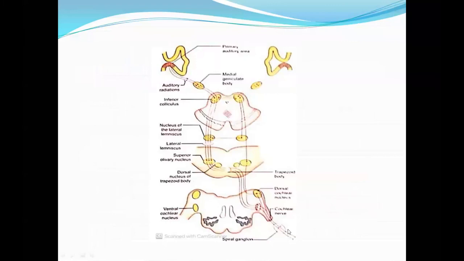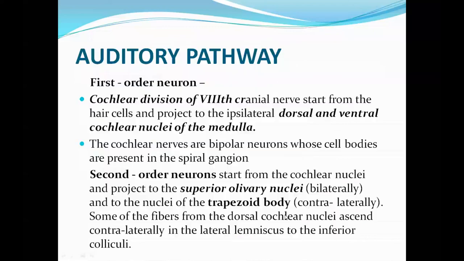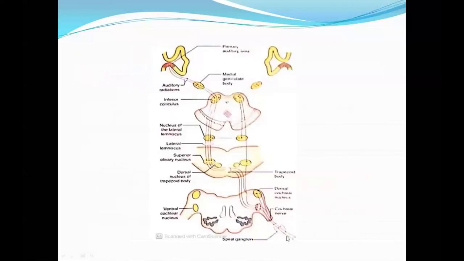See, in this diagram, we see that this cochlear division of the cranial nerve is coming from the inner hair cell or from the hair cells, and they end up in the dorsal and ventral cochlear nuclei ipsilaterally. This is the cochlear nerve. This is the first order neuron.